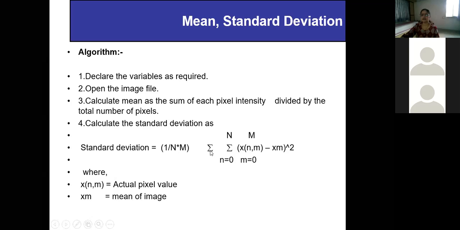For the first summation, n varies from 0 to n. For the second summation, small m varies from 0 to m. It is slightly shifted here, so please correct this. These are the two summations, and we are taking the square of the difference over all rows and all columns. We take this addition and divide it by the total number of pixels, which is given by n into m.